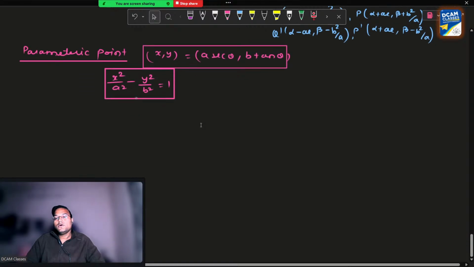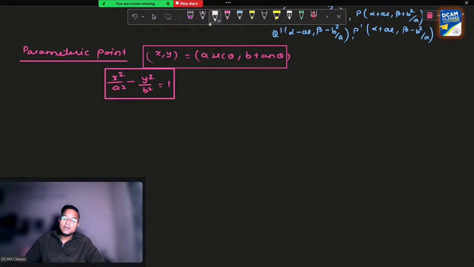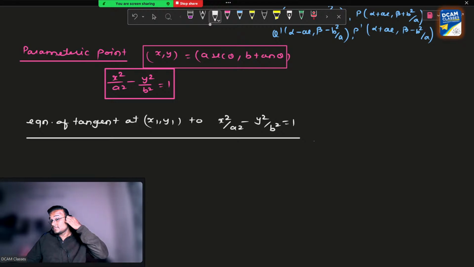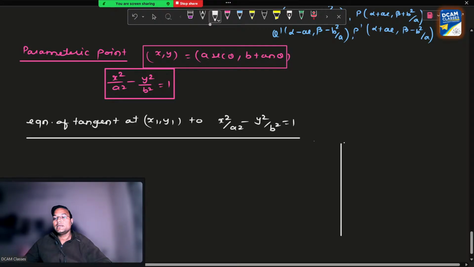Clear? Now tell me the equation of tangent at x1 y1 to hyperbola x square by a square minus y square by b square is equal to 1. This you should be able to tell, because you have been applying the short trick from circle, parabola to the ellipse.